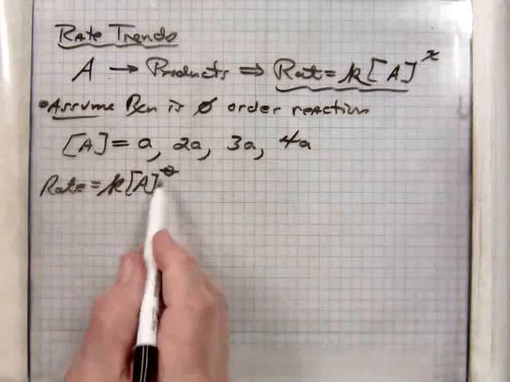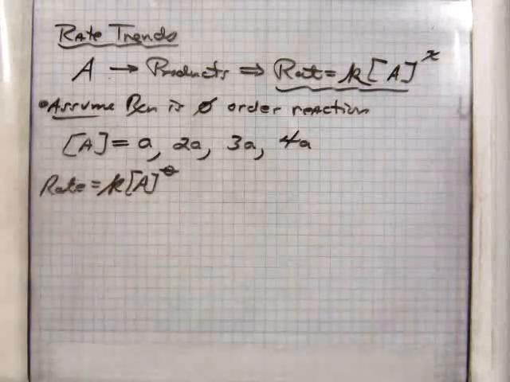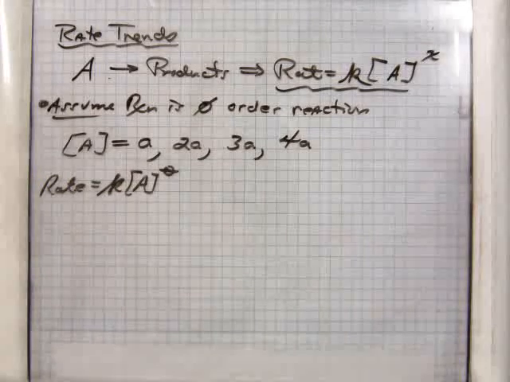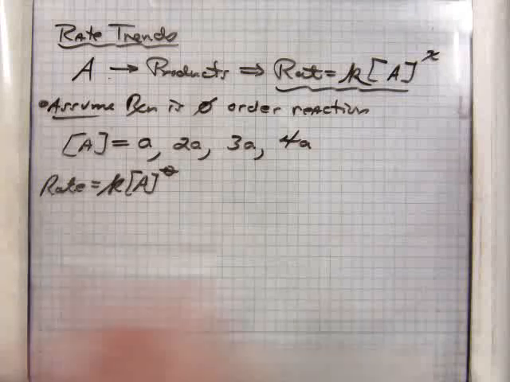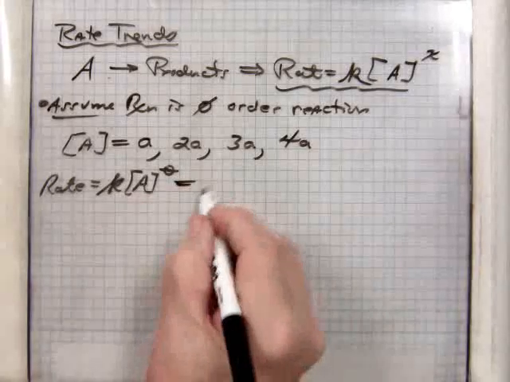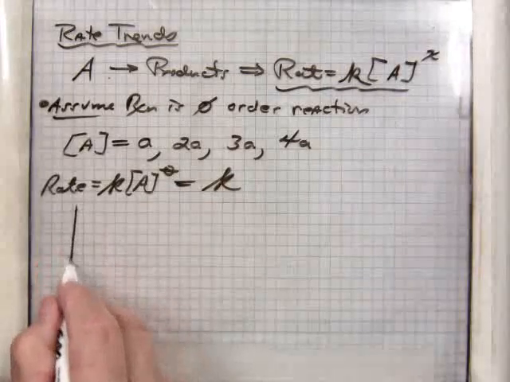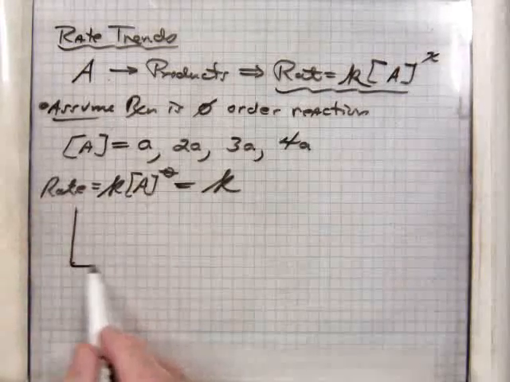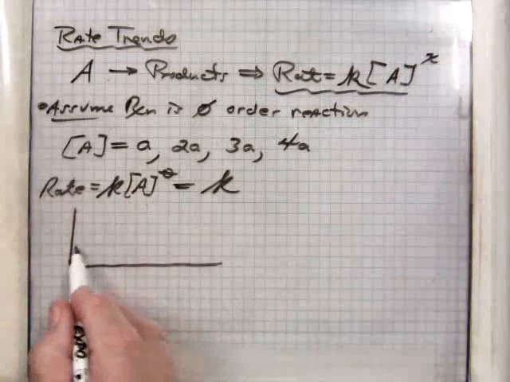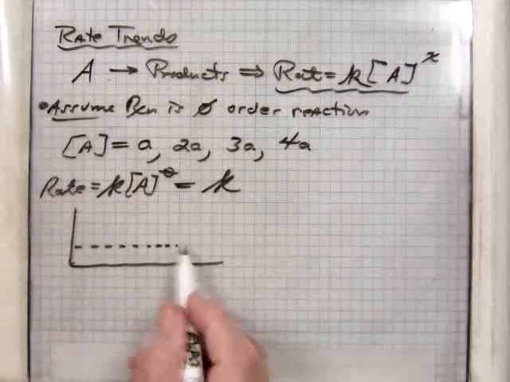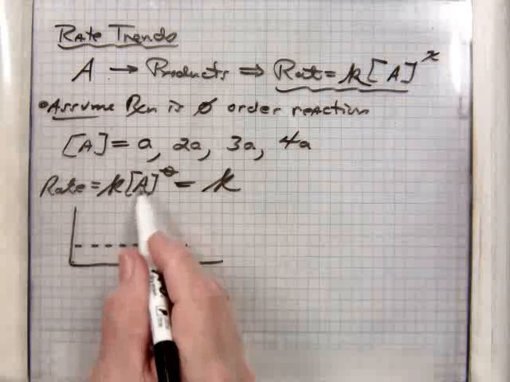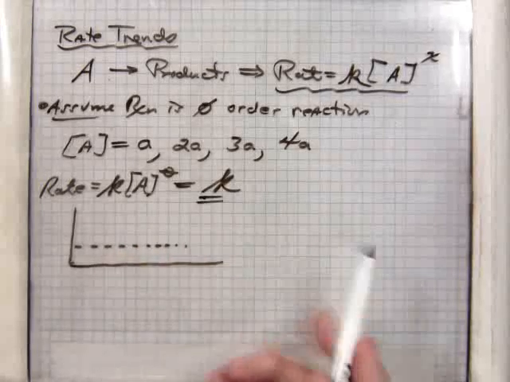Well, any number to the 0 power is what? 1. Everybody know that? Okay, well, if you didn't, write that down 100 times. Any number to the 0 power is 1. So this translates to a constant. And what it simply means is that in the 0 order type reaction, rate doesn't change when you change concentration, it is always a constant.